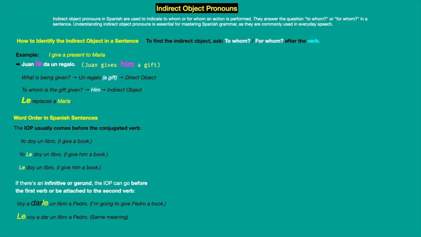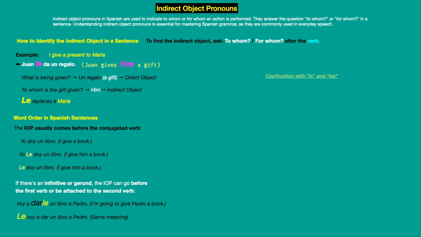In one class we were using "voy a" or "vas a". "Voy a darle un libro a Pedro". Or you can also reverse that and put "le" at the beginning of the expression, and then "voy a dar un libro a Pedro".